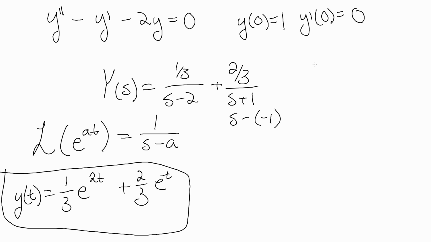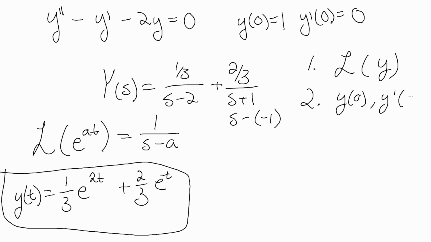Let's go over the steps real quick. We took the Laplace transform of each individual part. Then we applied our initial conditions. Then we simplified to get an expression for y of s. Then we used partial fraction decomposition to break down our expression and get an expression that looked like something that we could reference from our table.